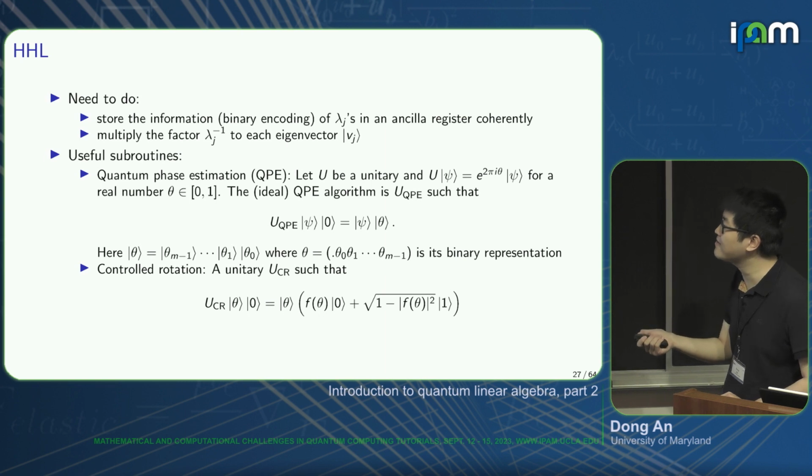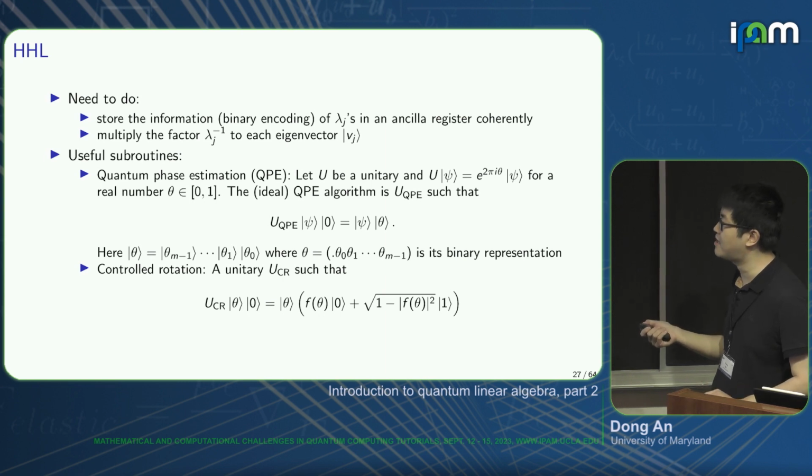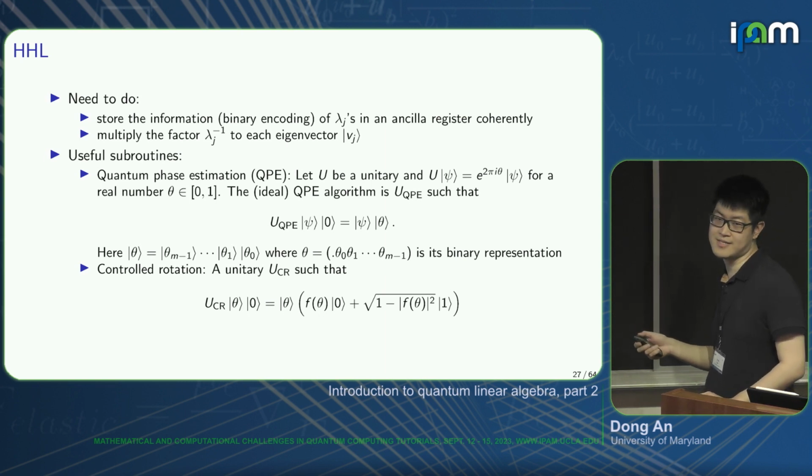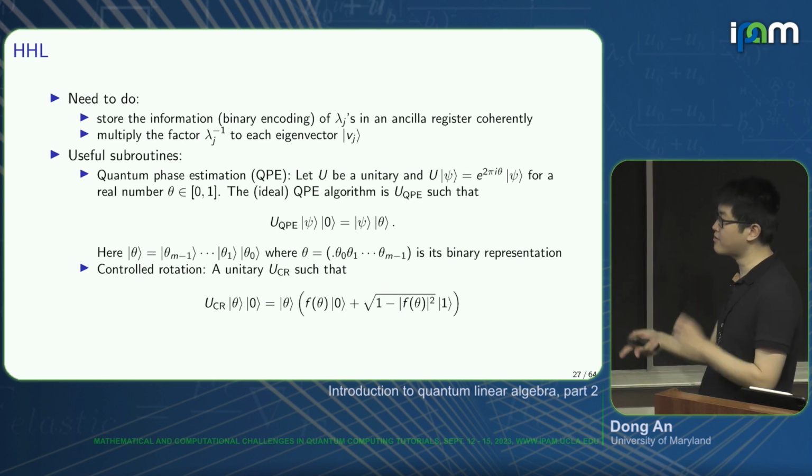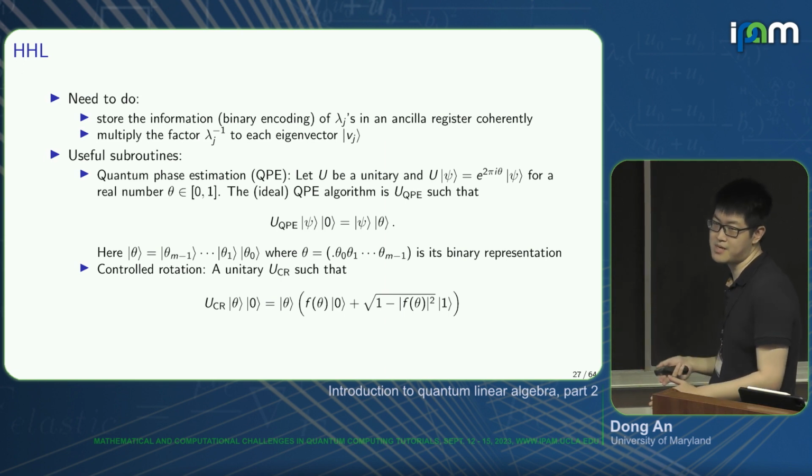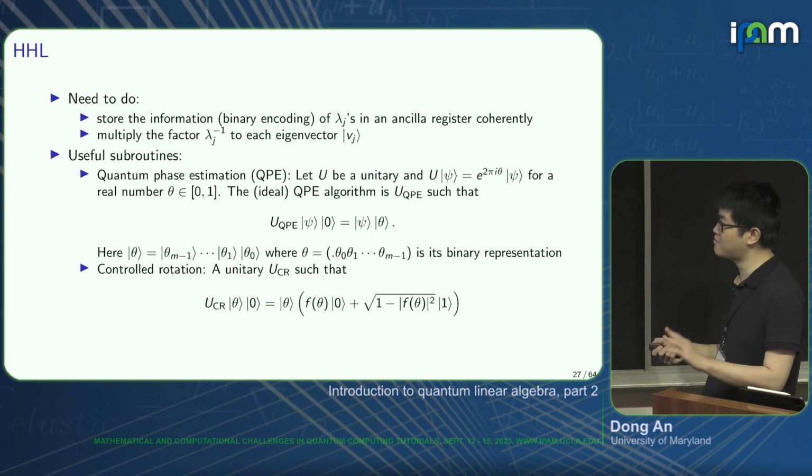Here I just write down the definition of the quantum phase estimation, but it is the ideal version. In the actual quantum phase estimation, you will have some probability distribution and some superposition, but here I only assume that we have an ideal phase estimation algorithm.